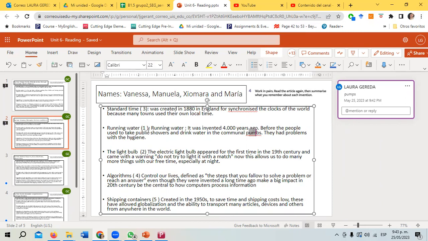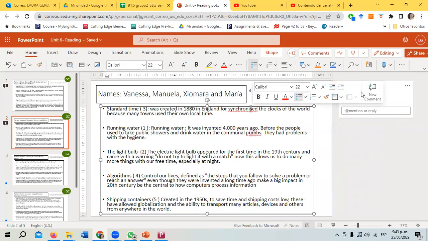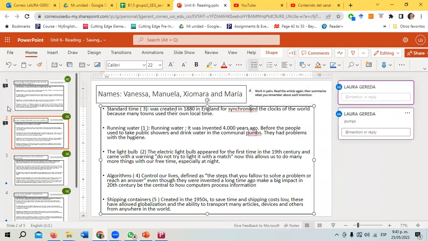So number 1, again, running water. Number 2, light bulb. Number 3, standard time. Number 4, algorithms, and 5 is shipping containers. Okay, so it's similar to the previous one. Synchronized, we add Z. Okay, very good. Thank you, girls.